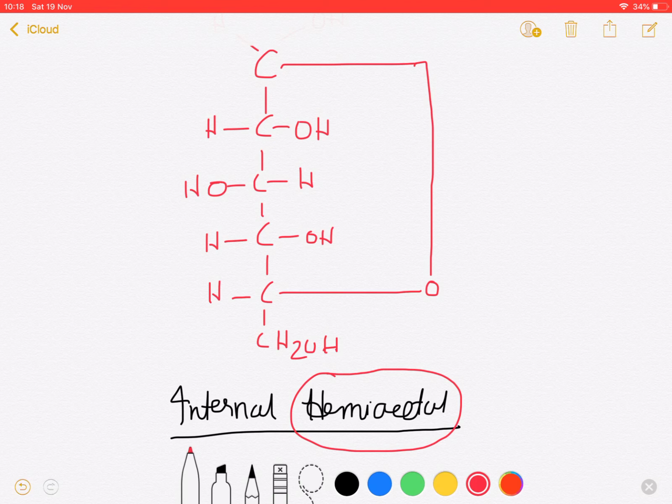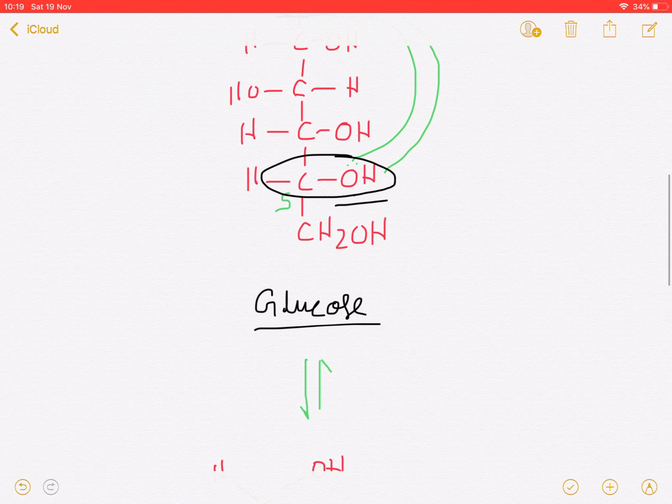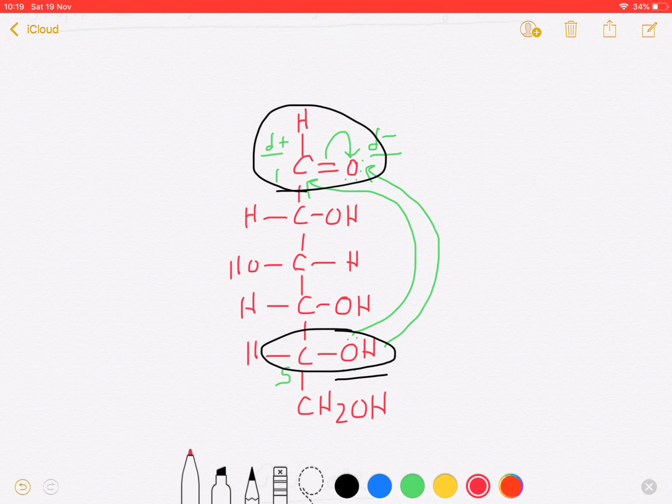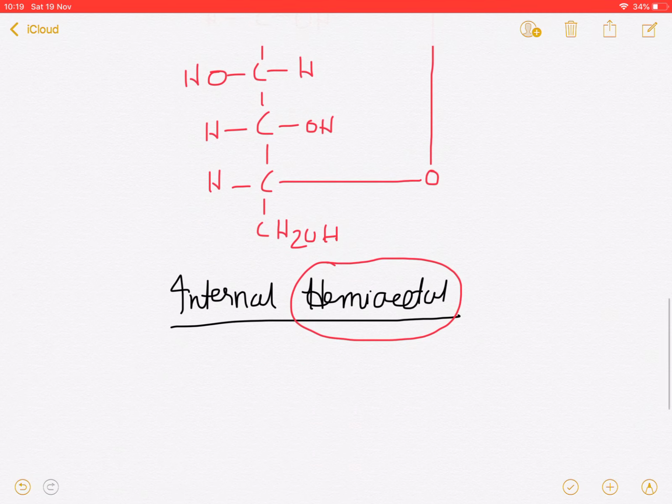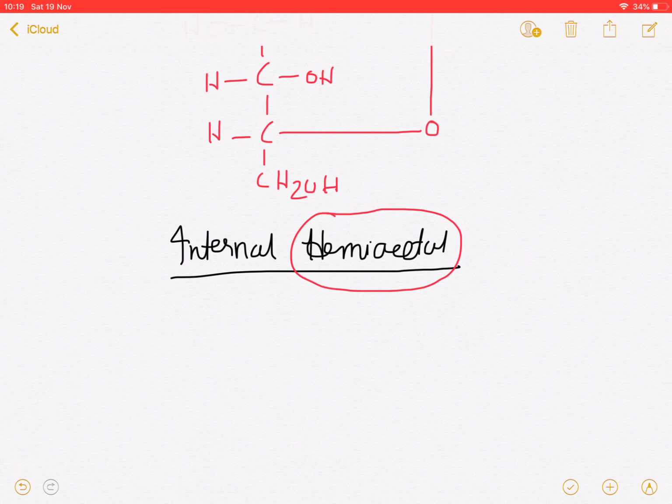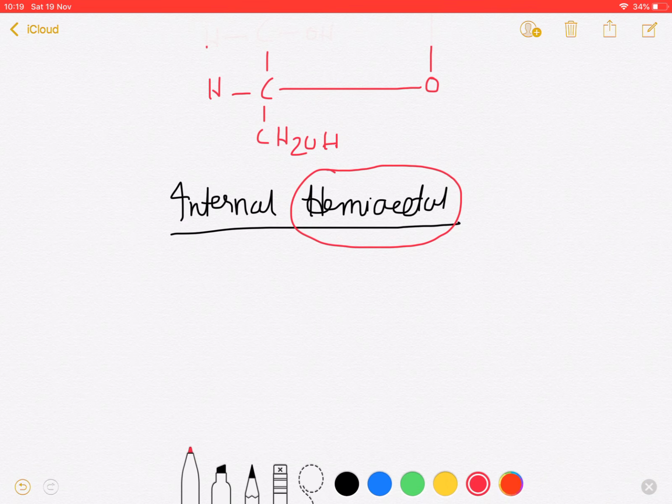So as you know, alcohol and aldehyde react with each other. So when an alcohol and aldehyde react with each other, the formation of hemiacetal takes place. So what is hemiacetal?